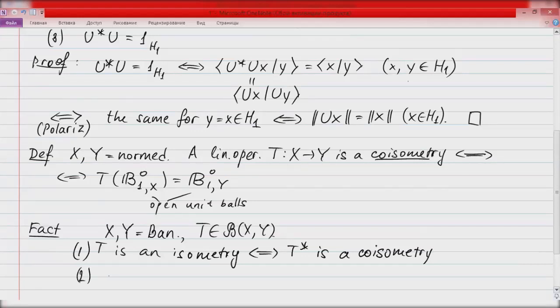And dually, T is a co-isometry if and only if the dual map is an isometry.